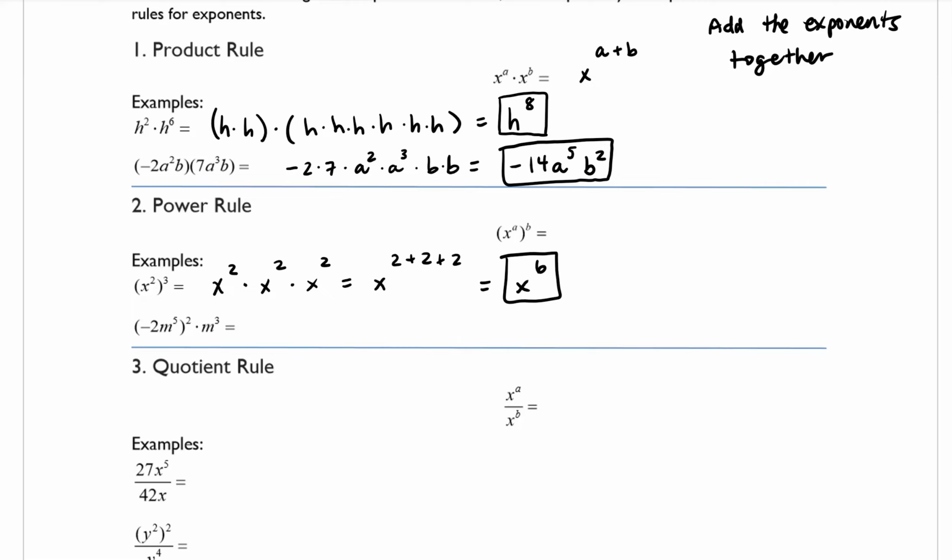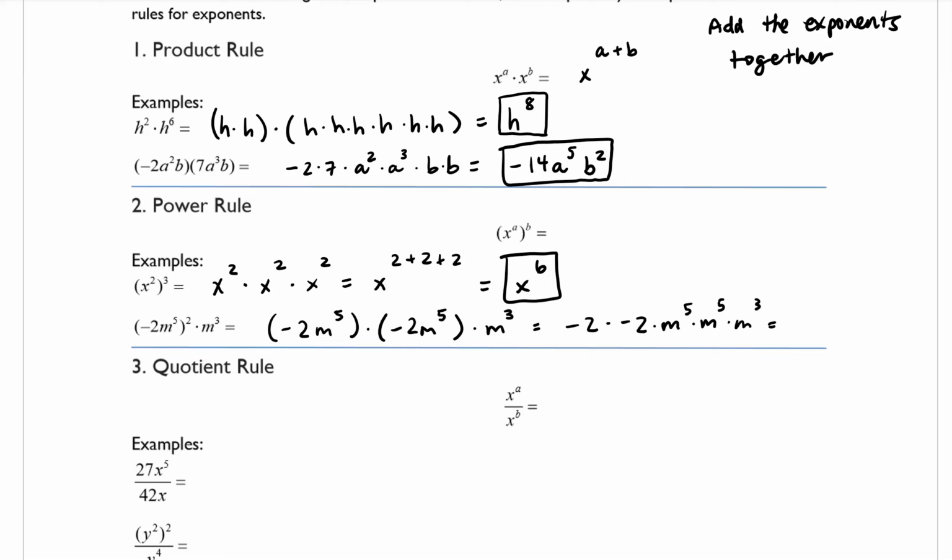So if I expanded that first thing, that would be negative 2m to the 5th power times negative 2m to the 5th power times m cubed. And if I rewrote that, that would be negative 2 times negative 2 times m to the 5th power times m to the 5th power times m cubed.